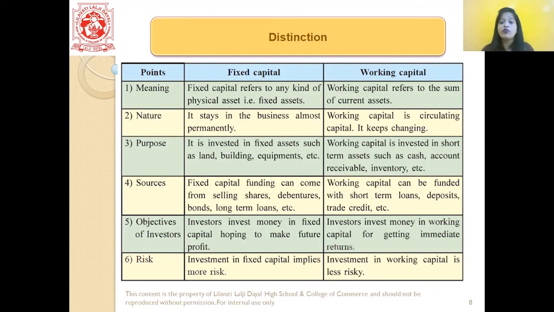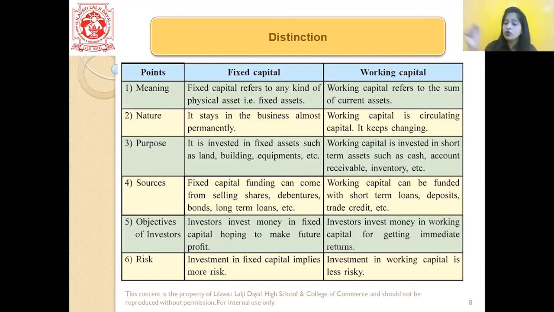Then sources: from where do you acquire fixed capital? Fixed capital can come from selling of shares, debentures, bonds, long-term loans, whereas working capital can be funded with short-term loans, deposits, trade credit, etc. Then you have objectives of the investor. Investors invest in fixed capital hoping to make future profit.